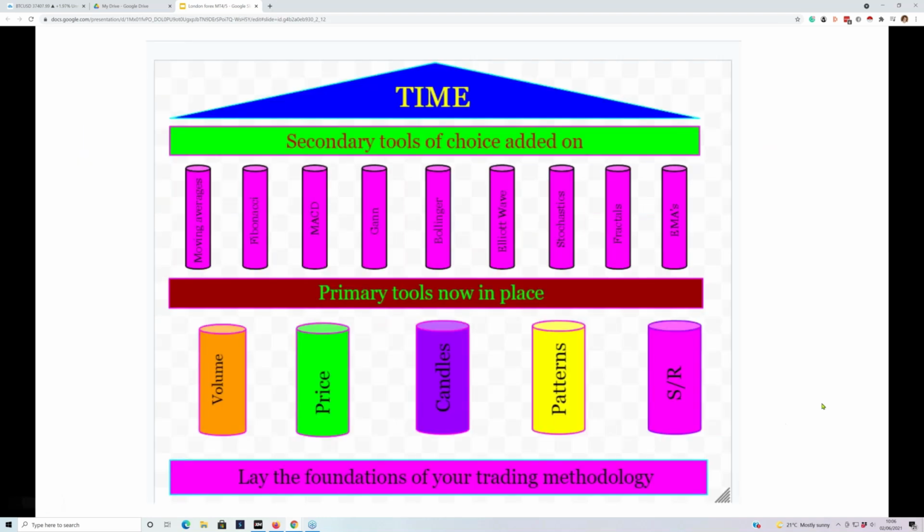Now, VPA, as I said earlier, obviously we've got volume, we've got price. The question we are always asked is, well, there's no central exchange for the spot Forex market. What volume do you use? And yes, it is what is provided by your individual broker, and what the broker is providing is what's called tick volume, which is activity.